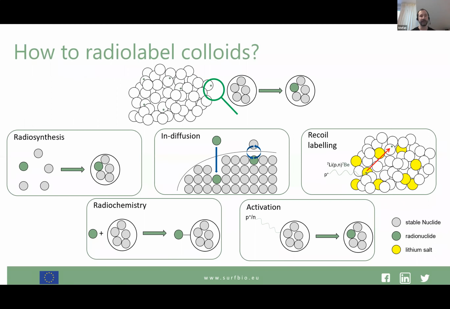So if you don't have these radiosynthesis or radiochemistry routes, one easy thing for temperature stable particles would be the indiffusion. It's basically just you give the radionuclide solution on top of your dry particles and you heat them up, and then you have this indiffusion process where the radionuclide will diffuse into the surface defects.